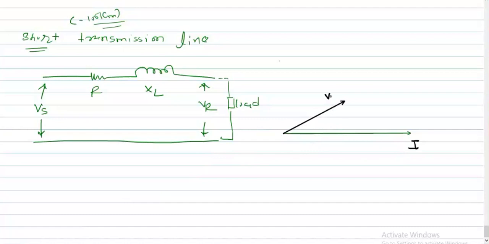In this case, the sending end current is the same as the receiving end current, so both currents are the same, IS and IR. Now this is the VR.